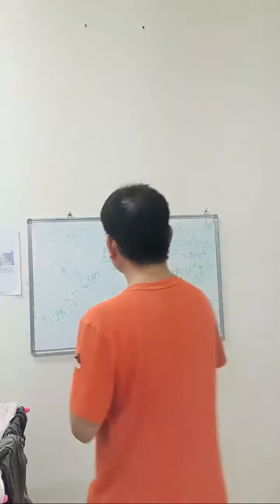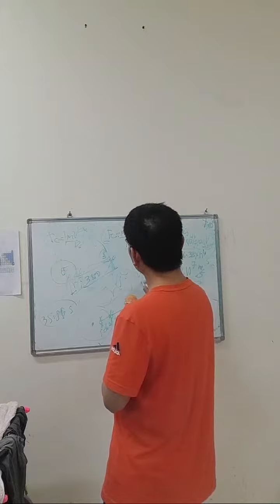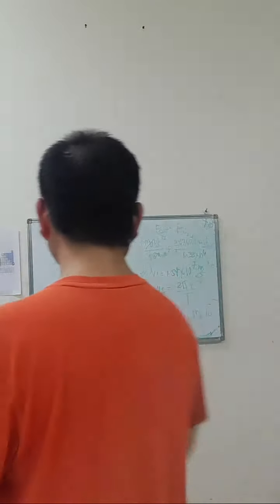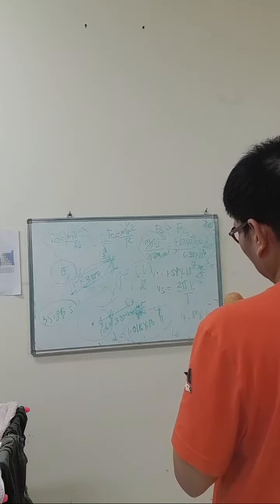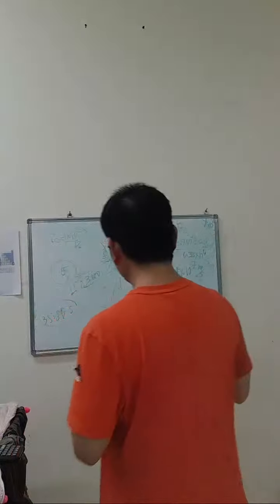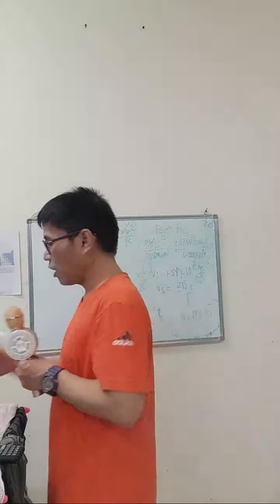Or we can also use the square root: Vs is equal to the square root of G M over r. So that gives 7,900 meter per second. And then you need to compute for the time, which is the circumference over the velocity.